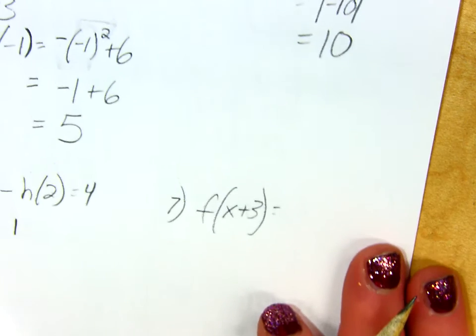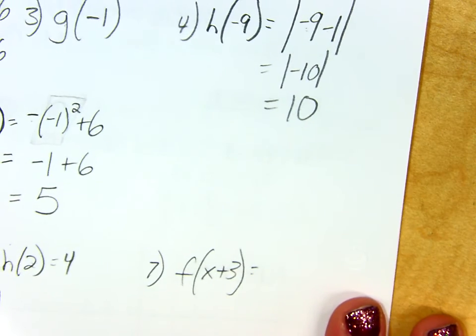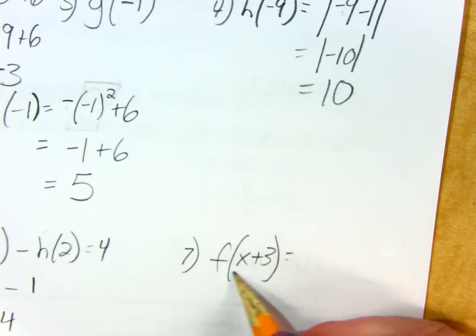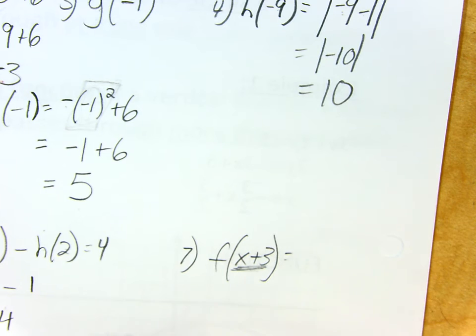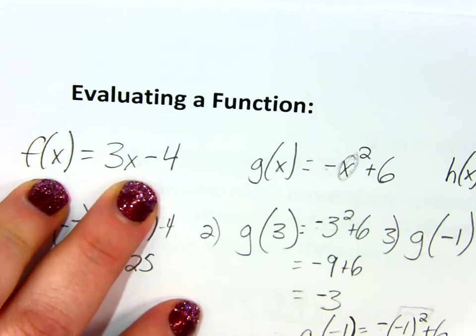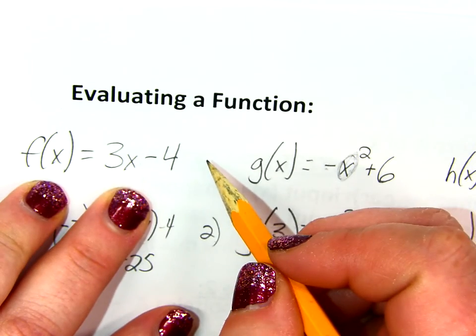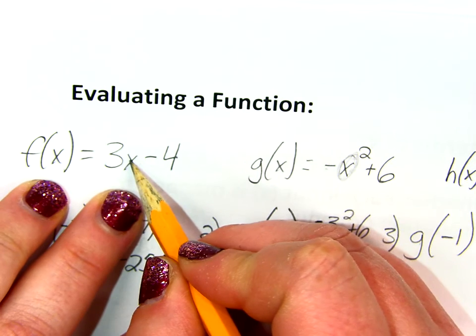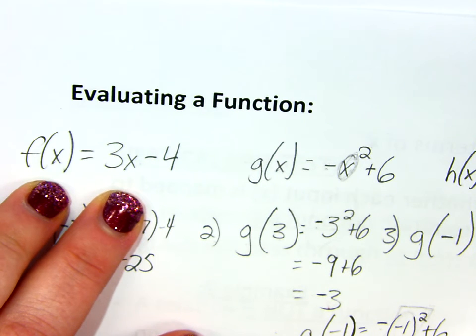Okay, now 7 is another one that's a little weird because it's not just a number in there. I have x plus 3. It doesn't matter what it is in there. It could be anything, it could be a symbol. Just take it and dump it into the f function in place of x. Remember the f function was 3x minus 4. I'm literally just going to write 3x minus 4 again, but instead of writing x, I'm going to write x plus 3.